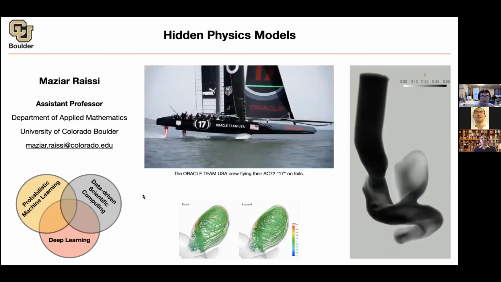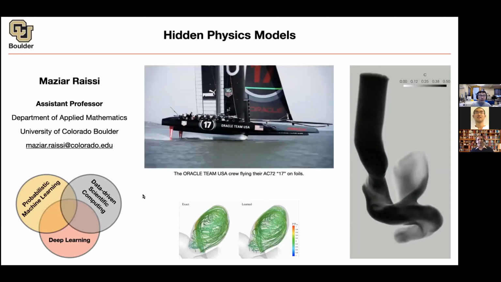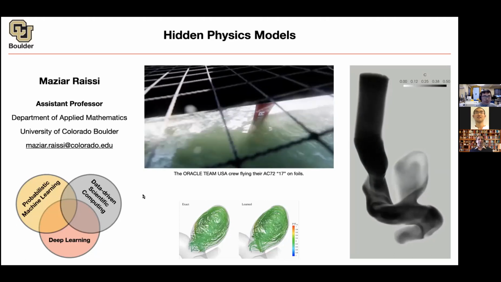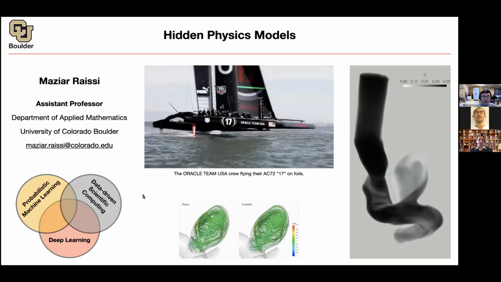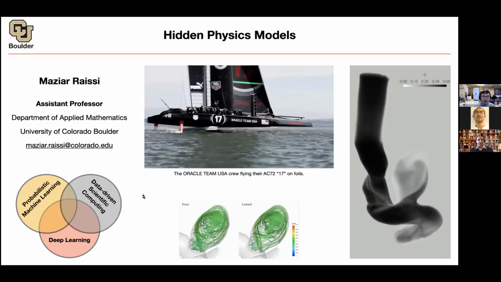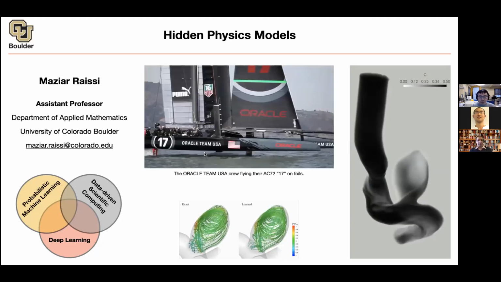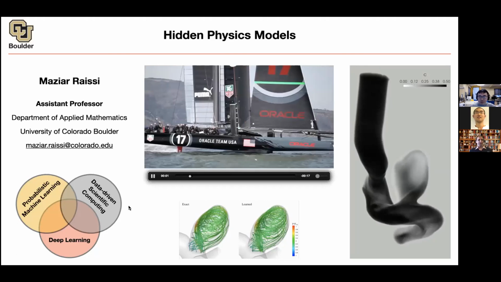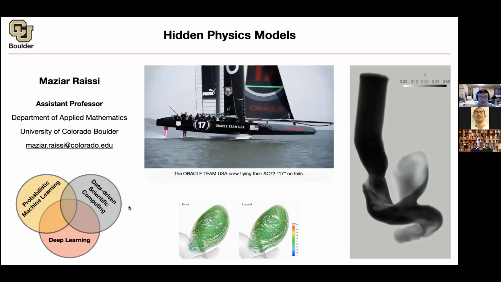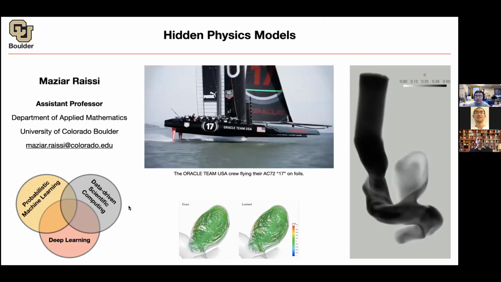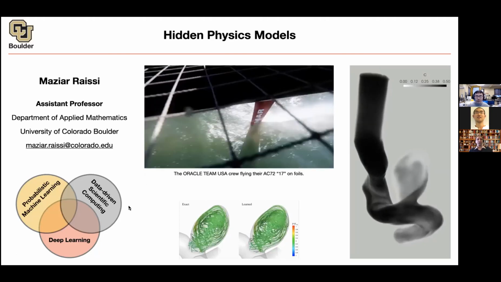So today I'm going to be talking about hidden physics models. It's actually not a single paper, but a combination of a lot of papers. Everything started at Brown with this project, where we wanted to design super cavitating hydrofoils. Basically, given enough speed, this vessel is going to start flying in water.